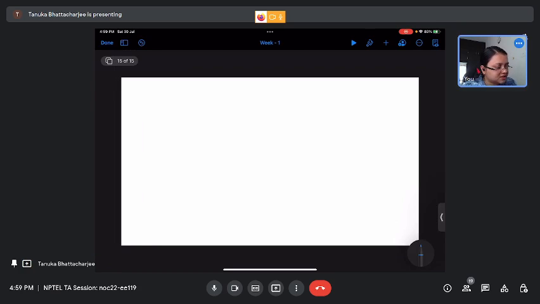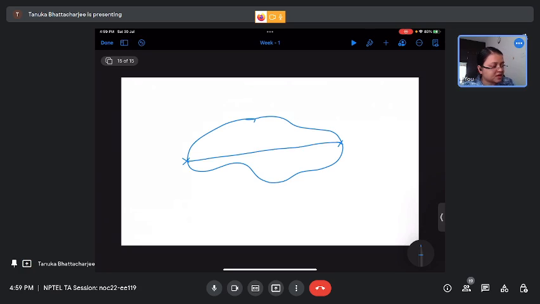Let's say you have this type of shape, and you want the polygonal approximation for it. Initially you take these two points and join them, and then you compute the maximum distance from this line to all points in this half. This is the maximum, so around here you have the next splitting point.